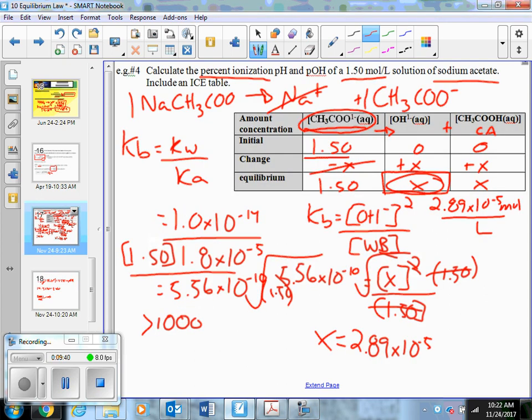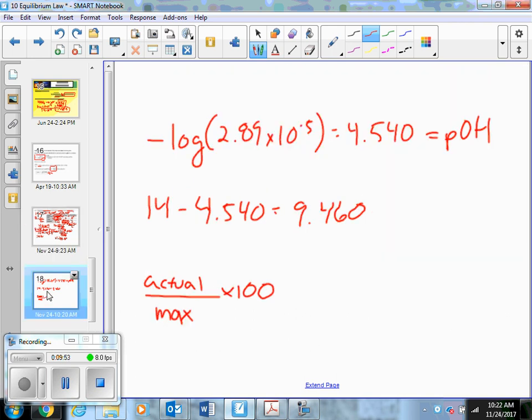So the total amount of my weak base that I have is 1.50 mole per liter. If it was a strong base, 100% of that would react. So we would produce 1.5 mole per liter of hydroxide, but it's not 100%. So we can take what we actually produced and divide it by the max.